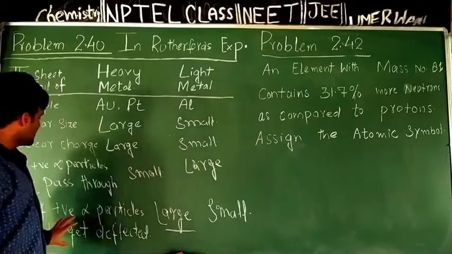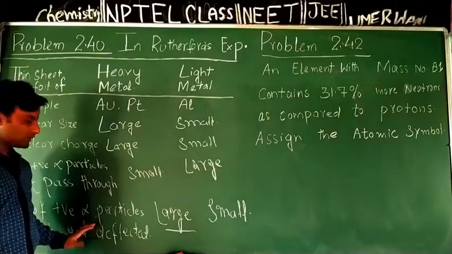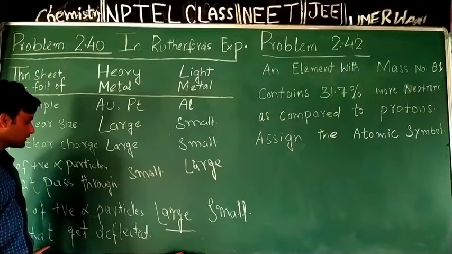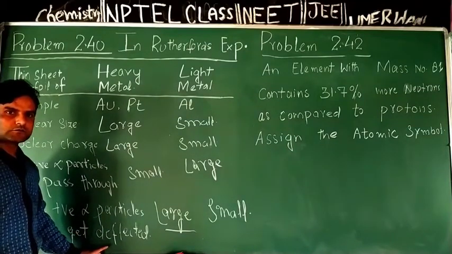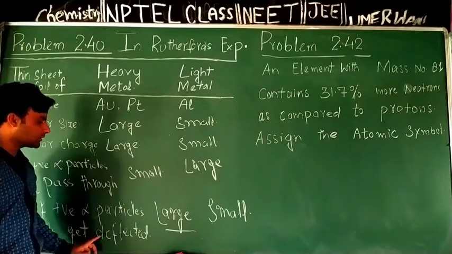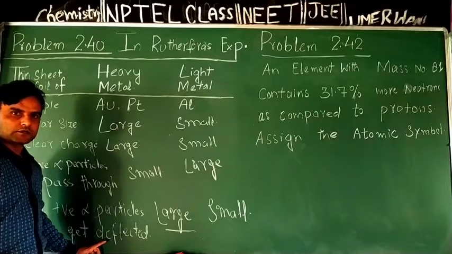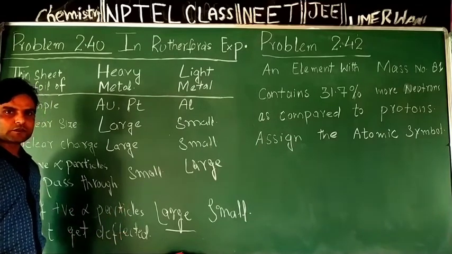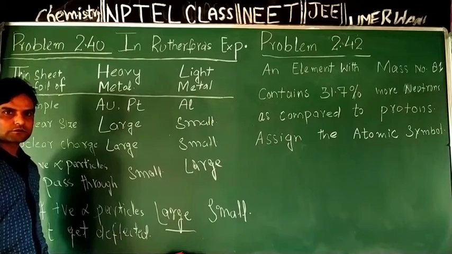And from here we can take an idea that the number of alpha particles that get deflected by an atom during this experiment will depend directly on the positive charge in the nucleus.